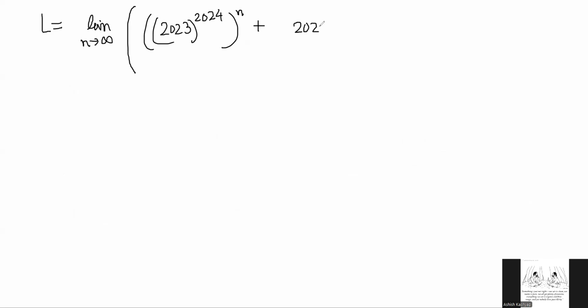And my limit was L is equal to the limit as n tends to infinity of (2023 to the power 2024 to the power n plus 2024 to the power 2023 to the power n) whole to the power 1 by n. So now the bigger number I know is this one.